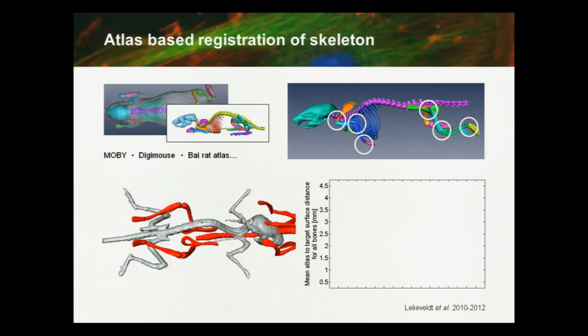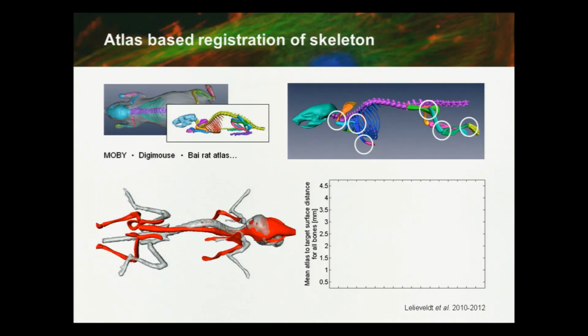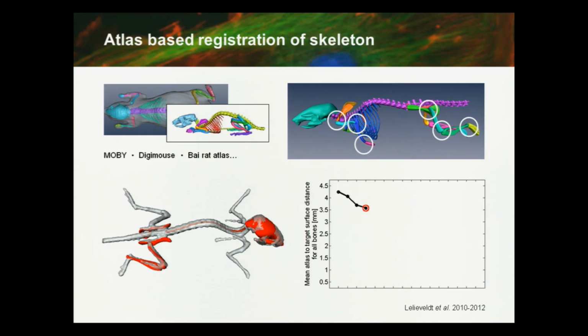So a global registration, and then you see that they're in different postures. Then you start refining by matching the individual bones to the atlas. If you do this for every subject, or for the same subject for different time points, then you have really made a one-to-one correspondence between every scan and some standardized atlas.